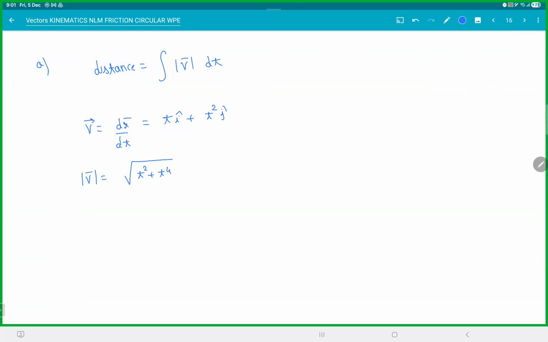The most common mistake people make is they put t is equal to 2, they put t is equal to 0, and then they subtract. Then you get displacement. If you subtract your initial and final position, you don't get distance, you get displacement. So be careful with that. If I do the integral of v dt, if you don't put a mod there, this becomes displacement, and this is simply r final minus r initial. With mod and without mod, the whole answer changes.